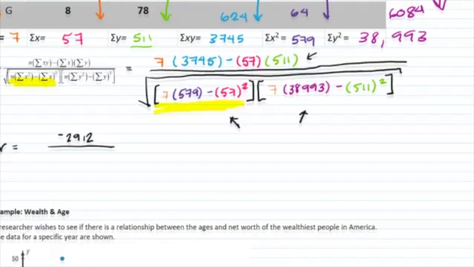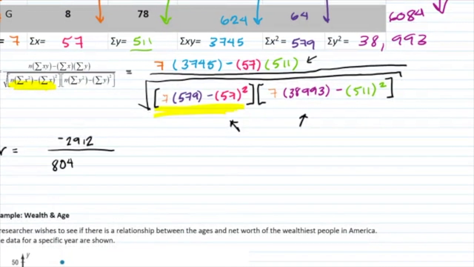That gives 804. And then the other bracket is going to be a bigger number, 11,830. But here, don't forget the square root. And then you can go ahead and multiply those two.